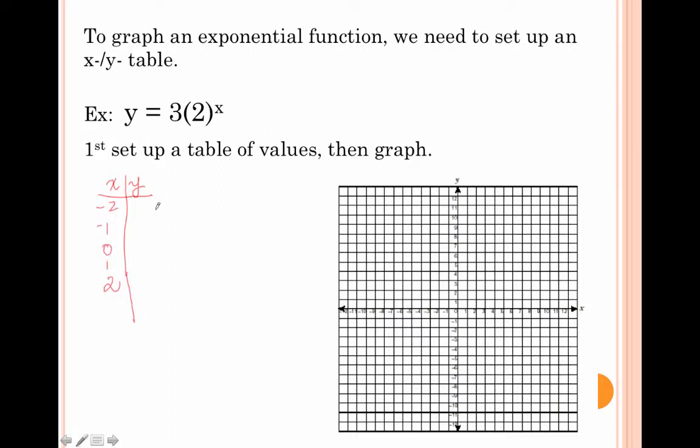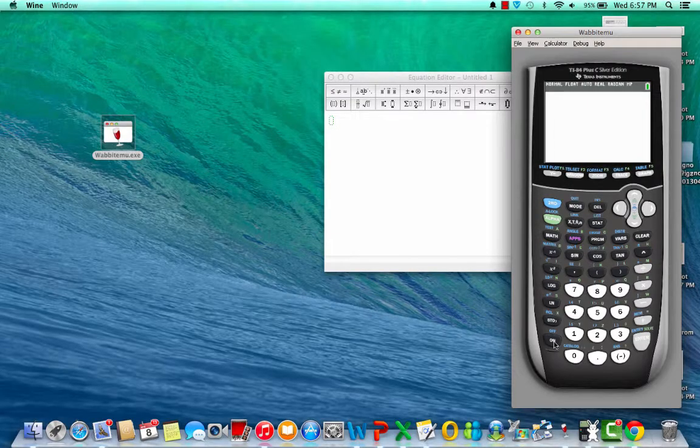And I'm going to come up with these values, and please go ahead and make sure you're coming up with the same values that I come up with. For -2, my y will be 0.75; -1, 1.5; 0 will give me 3; 1, 6; and 2, 12. All I'm doing is plugging in for this x value.